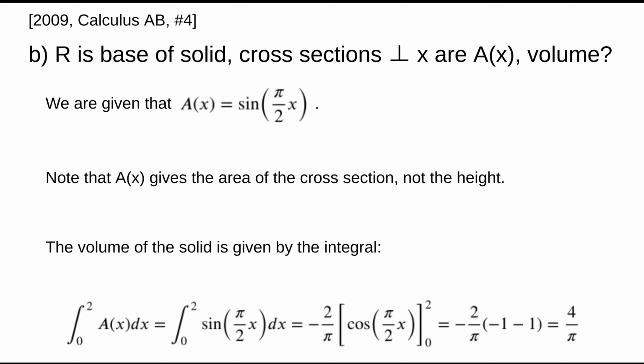That is negative 2 over pi times the cosine of pi halves x, and our bounds of integration are 2 and 0, so we evaluate at 2 and at 0, and we get negative 2 over pi times negative 1 minus 1, which is just negative 2. Negative 2 times negative 2 is positive 4. The volume of the solid is 4 over pi.